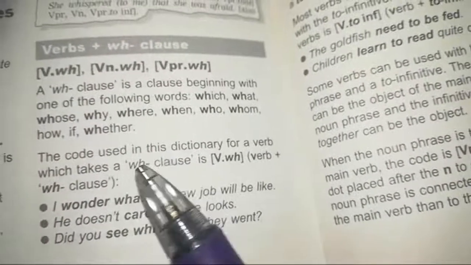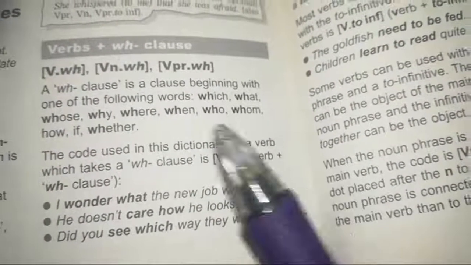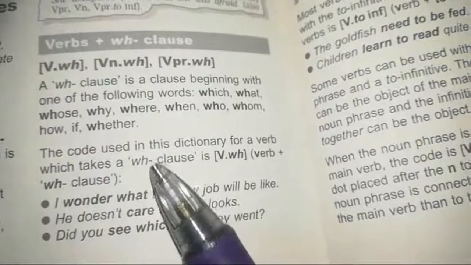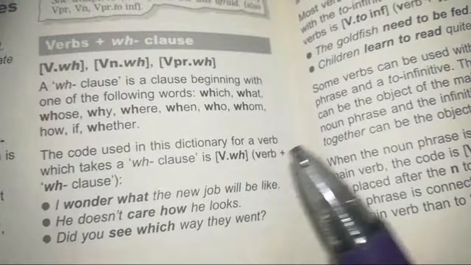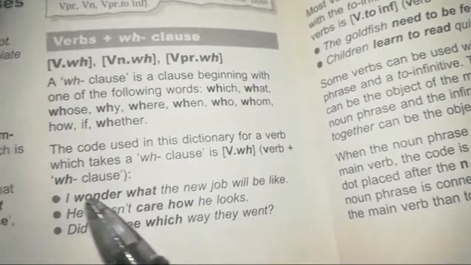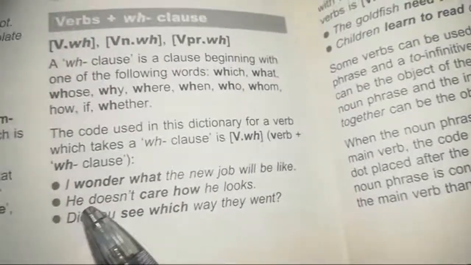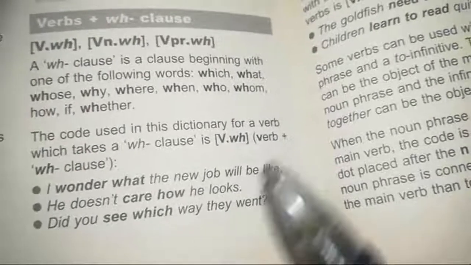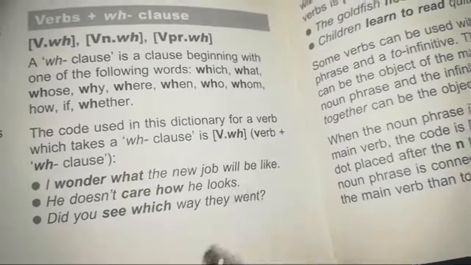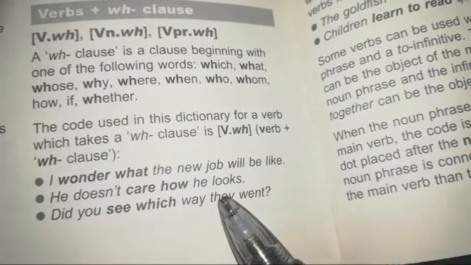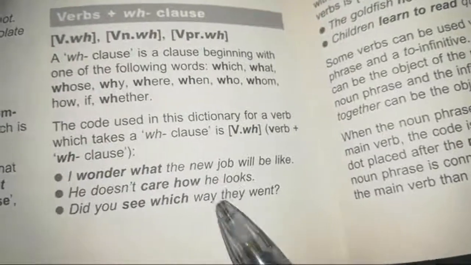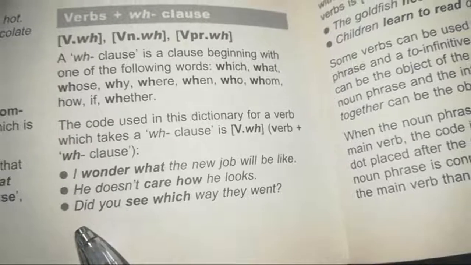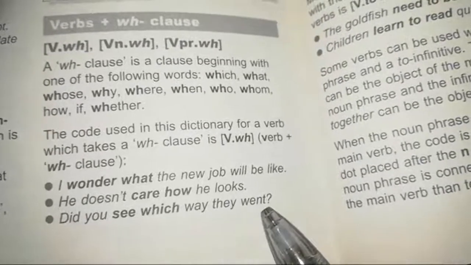The code used in this dictionary for a verb which takes a wh-clause is V wh, verb, wh-clause. For example, I wonder what the new job will be like. He doesn't care how he looks. Did you see which way they went?